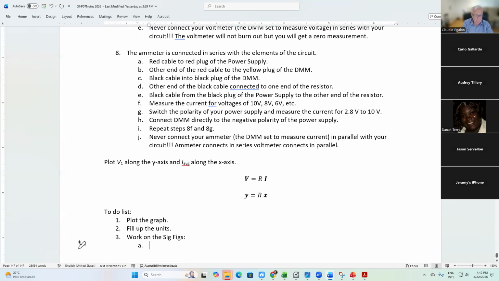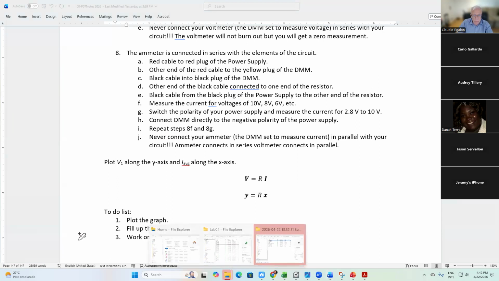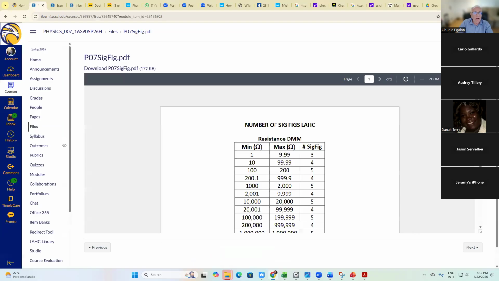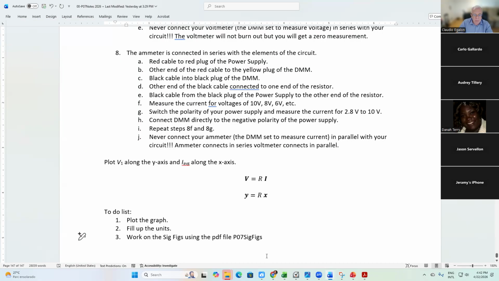Work on the sig figs using the PDF file P07 sig fig.pdf.